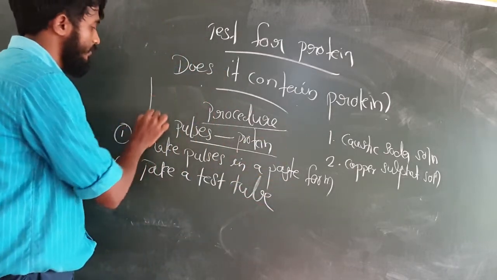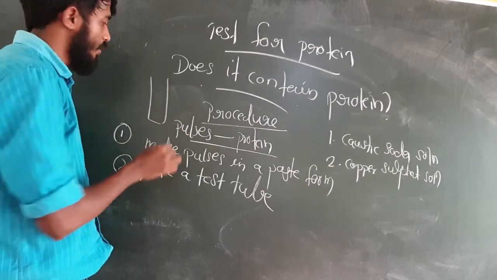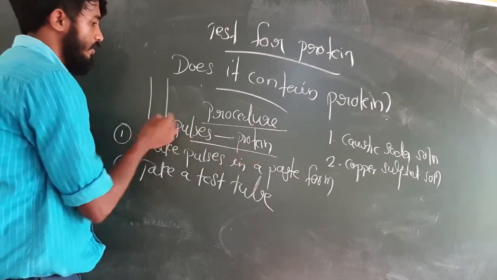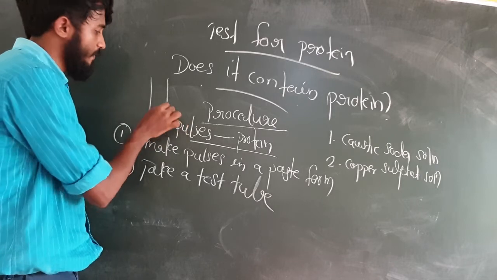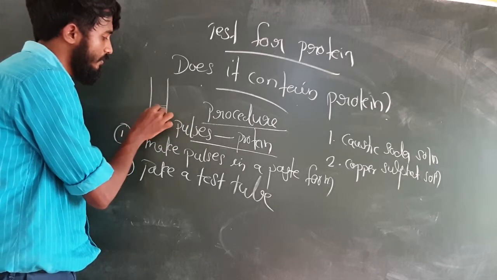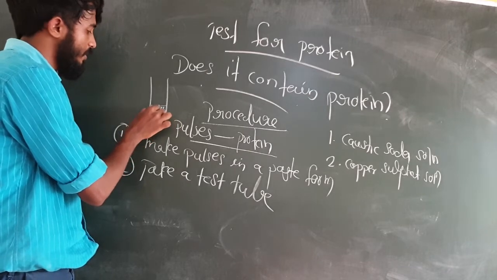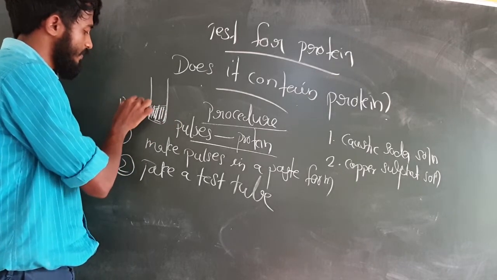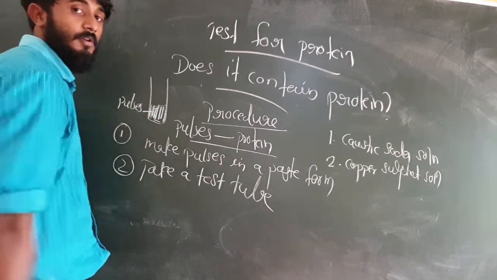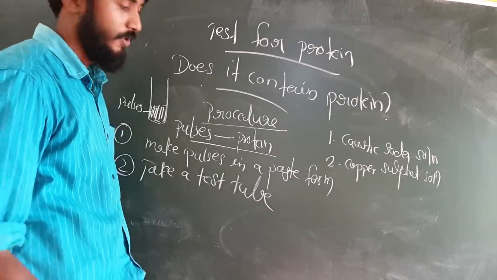Suppose this is a test tube. Now we are adding this paste form of pulses into it. You just imagine this is pulses in paste form. Understand?